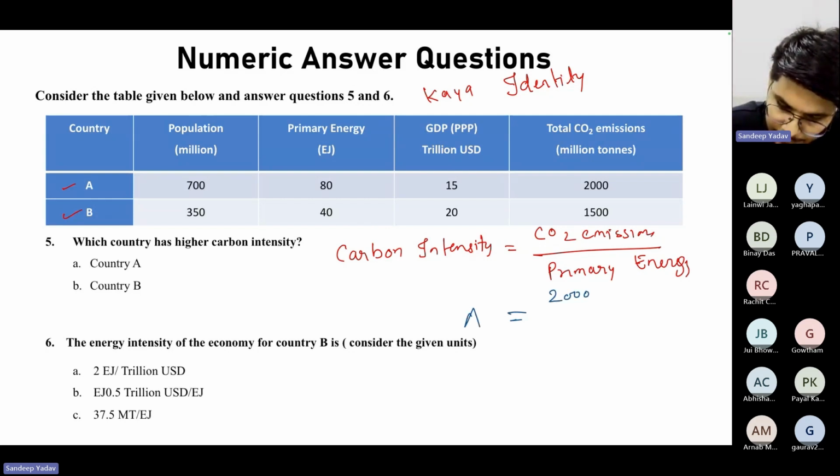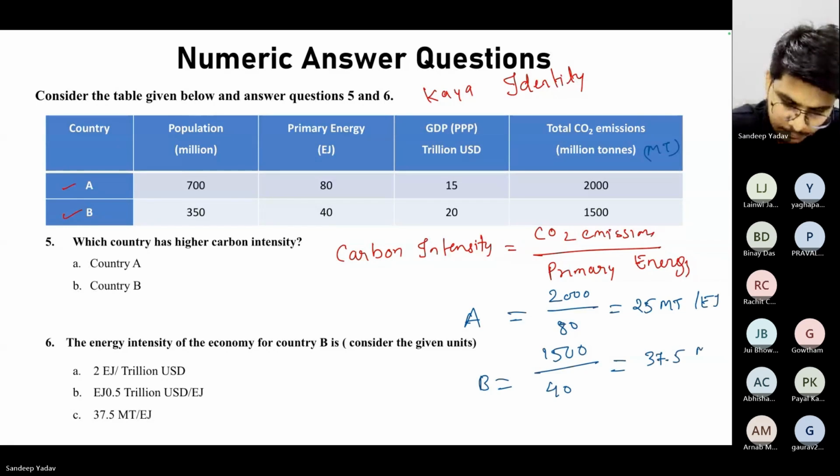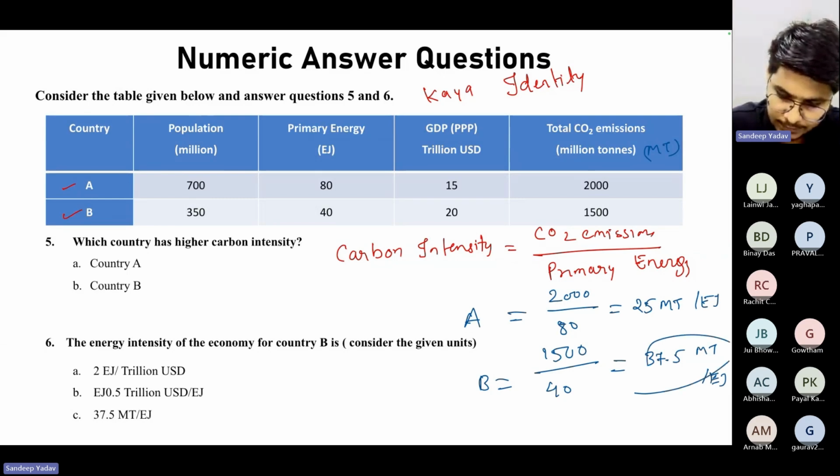So for country A, 2000 divided by primary energy, which is 80, comes out to be 25 metric tons, here I'm using MT for million tons, per exajoule. And for country B, that is 1500 divided by 40, which will be 37.5 MT per exajoule. So the higher carbon intensity is for country B.